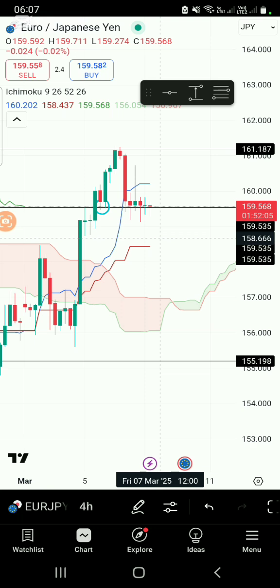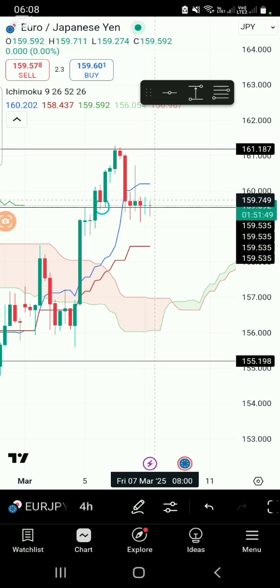But given the Euro Japanese yen position, we are actually bearish on this position because based on the index of the euro, we know that the euro has found resistance, and based on the index of the yen, we know that the yen is bullish.